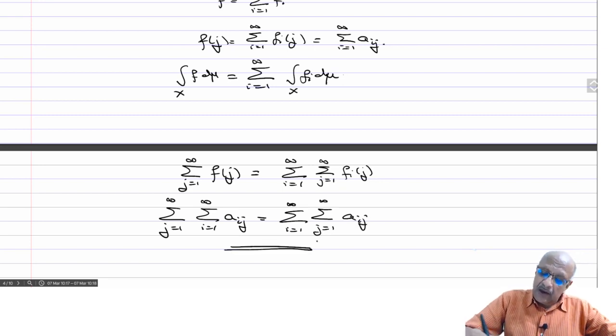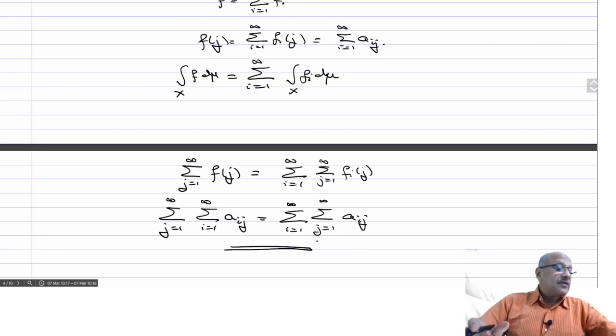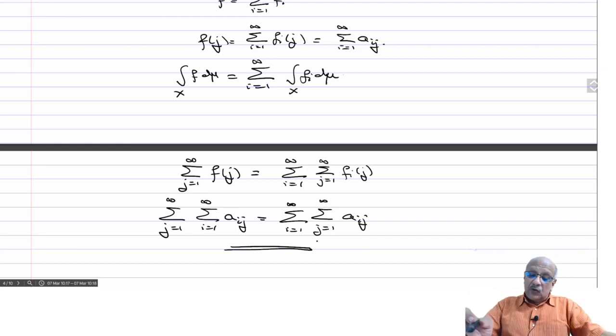Therefore, if you have a non-negative double sequence, we have proved using the methods of measure theory a well-known result in the theory of summation of series. Namely, if you have a non-negative double sequence, then you can interchange the order of summation without any problem. Either both sides will be finite and equal, or both sides will be infinity. Now this is not necessarily true for arbitrary double sequences.